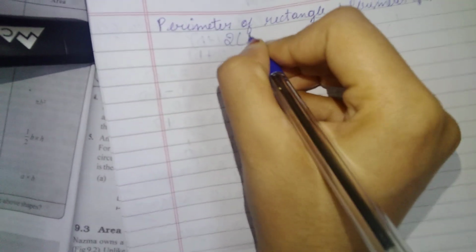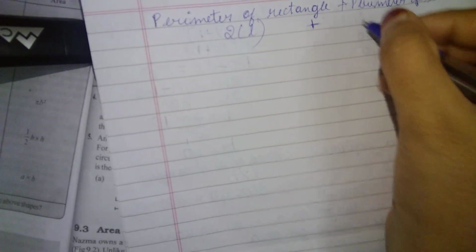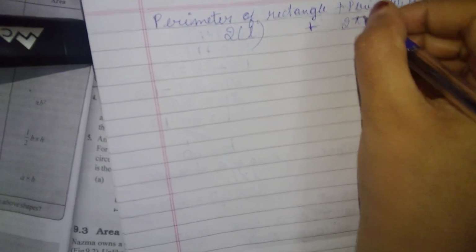You have to be good in formulas to do the mensuration chapter. Now perimeter of rectangle, what is the formula here? Perimeter is 2 into length. Plus perimeter of semicircle, what is the formula? Same formula, 2 pi r.